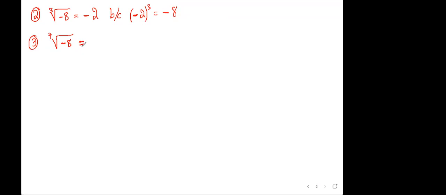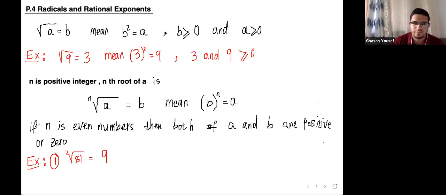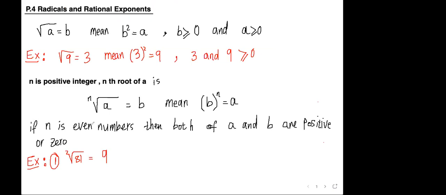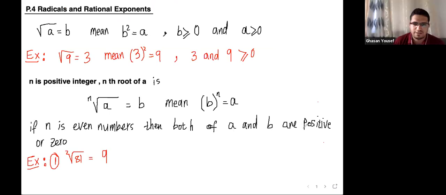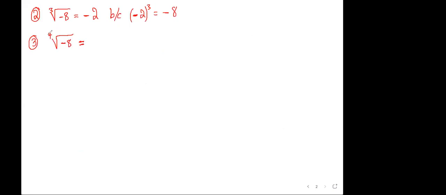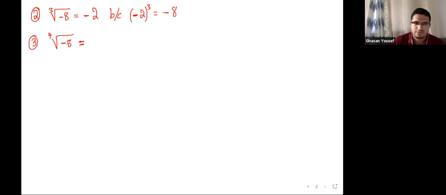The only time it would go properly is in a cube root. This is correct. If n is even, then both a and b must be positive or 0. So 4 is an even number, and what's inside here is a negative number. This is correct.